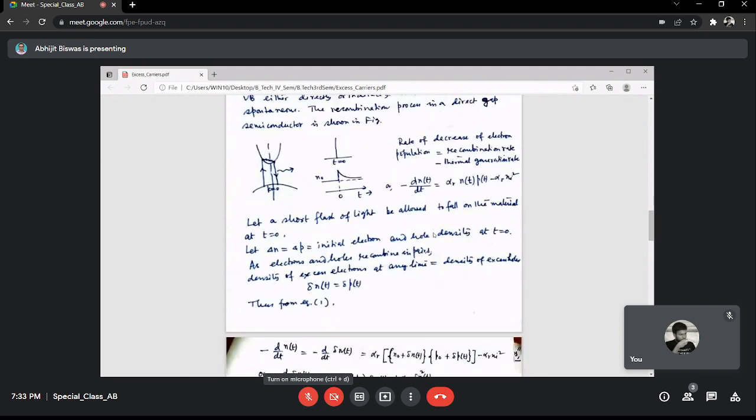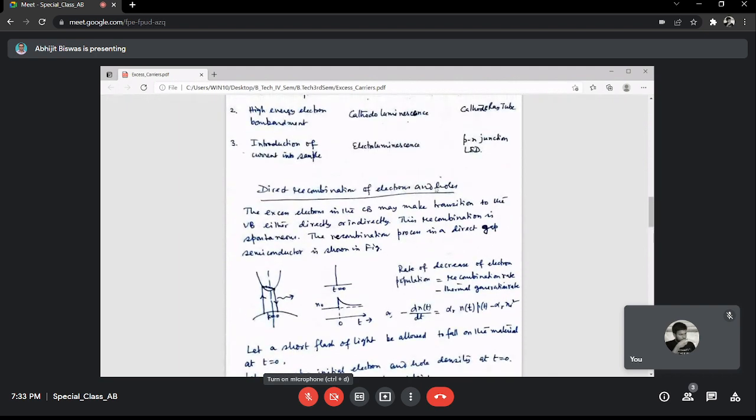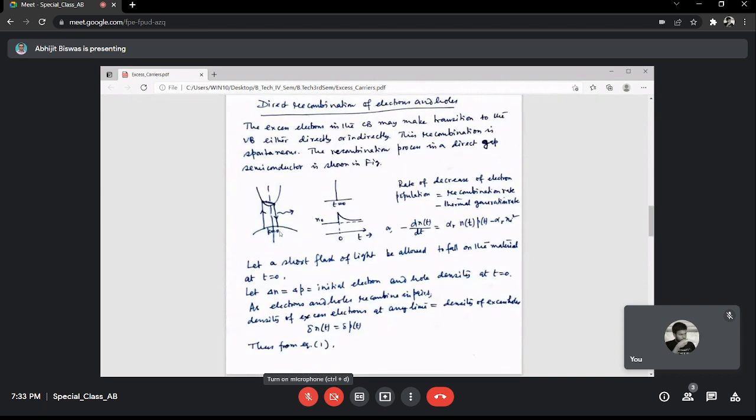And you go through the direct recombination of electrons and holes, as I explained with reference to direct bandgap semiconductors. You know that both the top of the valence band and the bottom of the conduction band occur at the same value of propagation constant k.